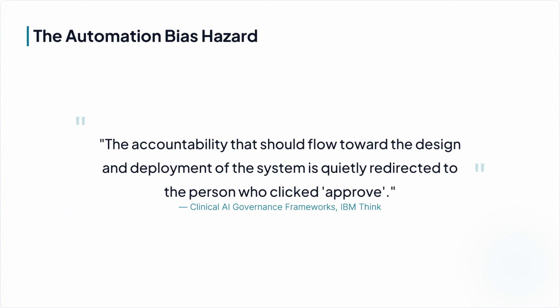So this is a statement that IBM came out with, and it basically highlights the bias that can come when clinicians start clicking approve. There is this bias with clinicians when you get so many clinical decision support systems that send you nudges. One way of handling it is to just click approve for every nudge that the system provides, right?